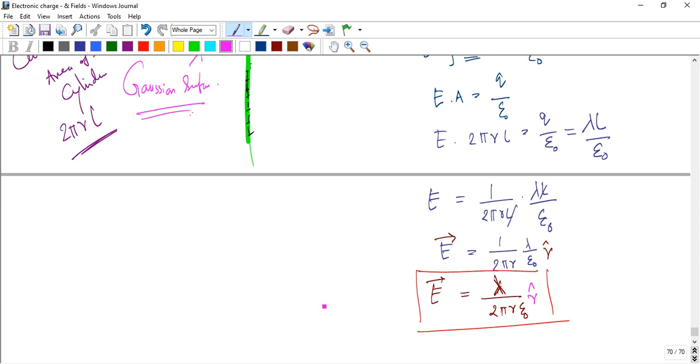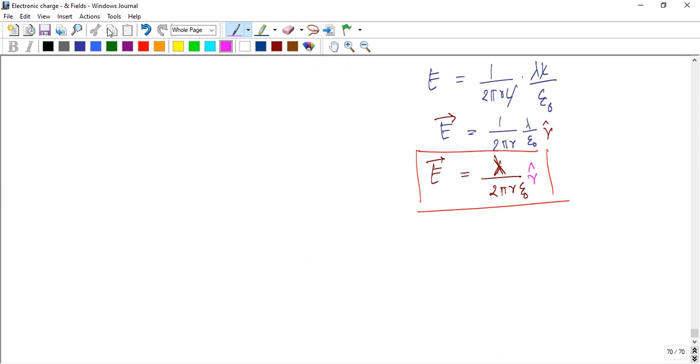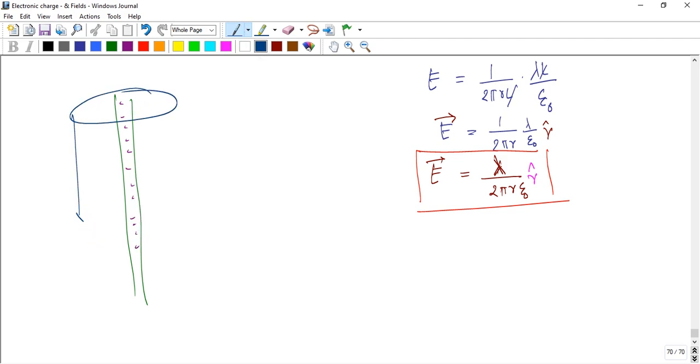Suppose this wire contains a negative charge, and I apply the cylindrical symmetry here. The electric field then points inward at that point, because the line contains negative charge. We know the electric field is inward.